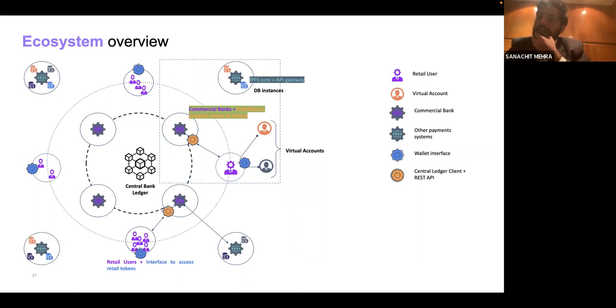Now, one critical point in the tech requirements as well has been the idea of programmability of these CBDCs. So RBI wants to bestow upon the CBDC this capability of programmability, which basically means that whether it's a commercial or a retail user, they should be able to program their money to do a lot more for them.